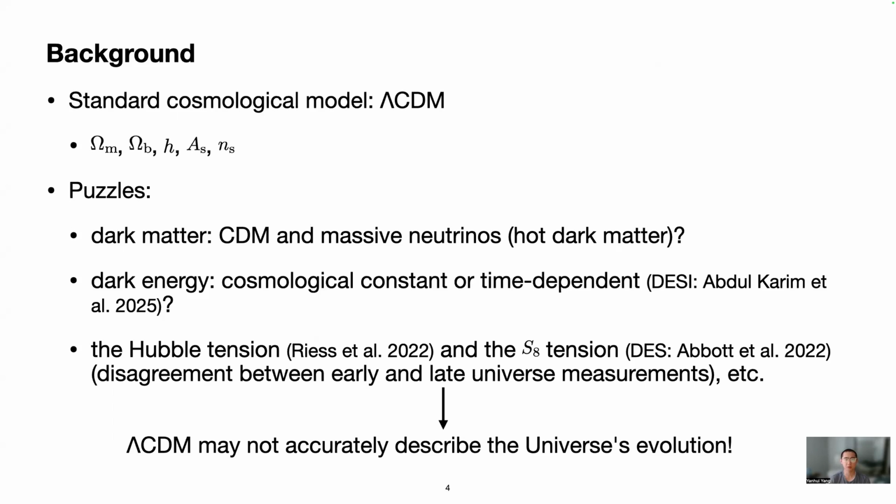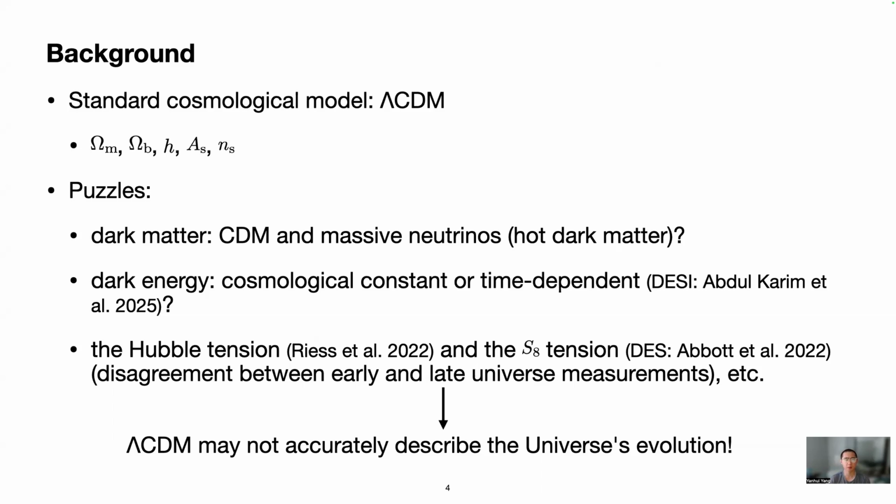However, there are still some puzzles in the field of cosmology, such as the nature of dark matter and dark energy. Apart from cold dark matter, there are massive neutrinos that are usually considered as hot dark matter, but we still don't know the exact fraction of massive neutrinos in dark matter.